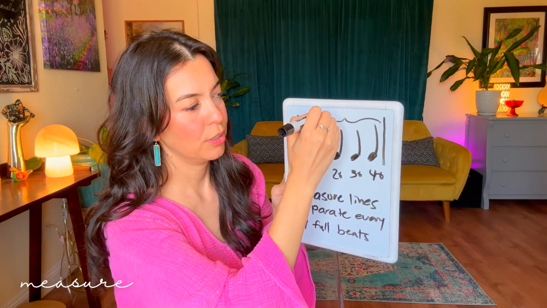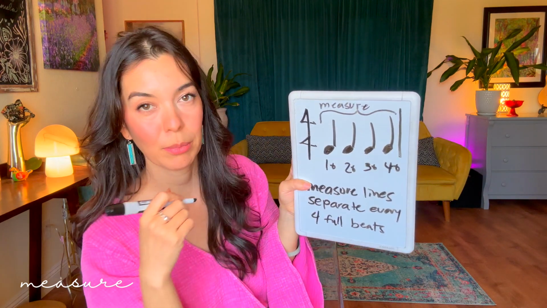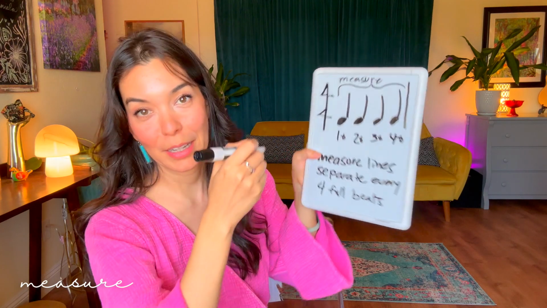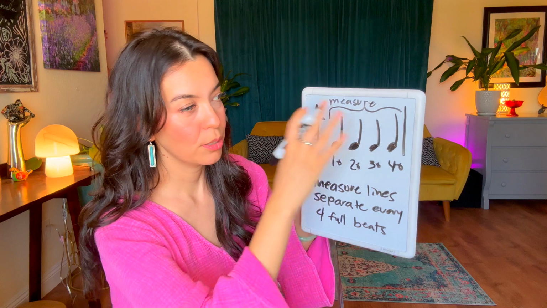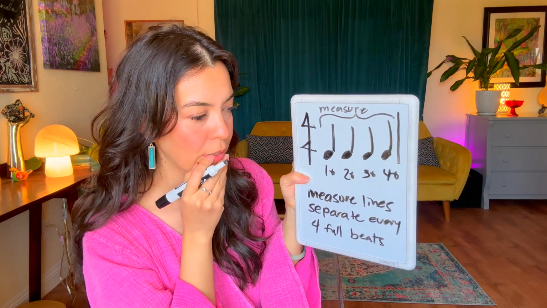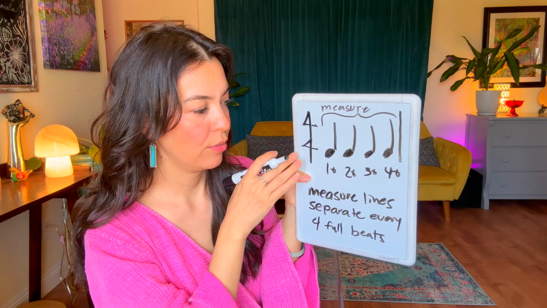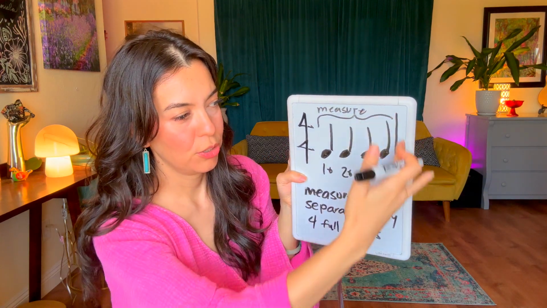This is a measure. And I try to make my writing neat, but since I'm writing in the air, it sometimes is not the neatest. So these are some of the big words that we learned in this unit. So we have our time signature, our measure, and our measure lines.